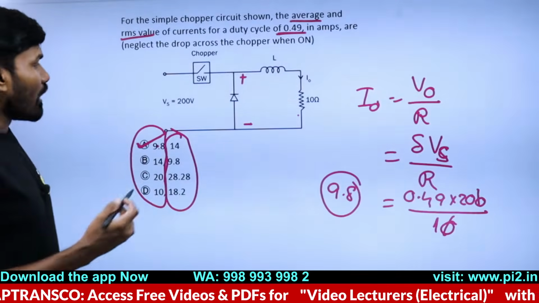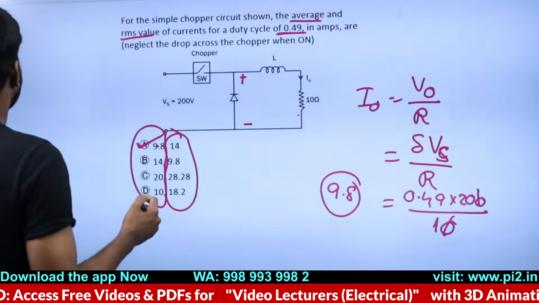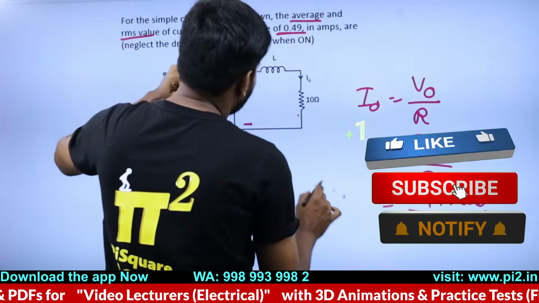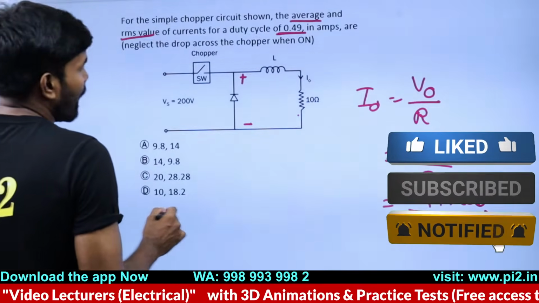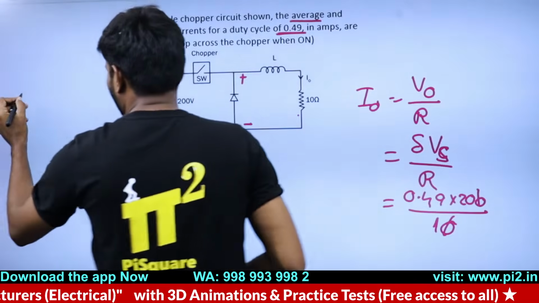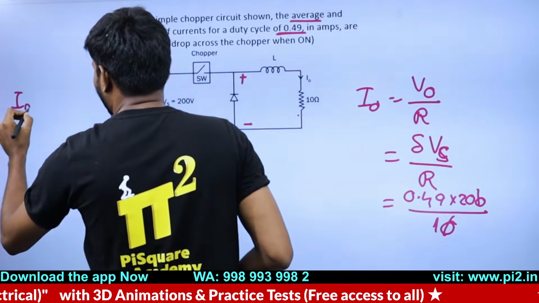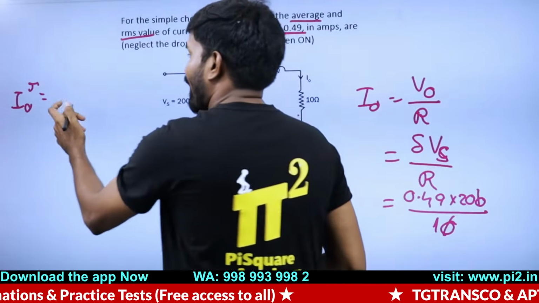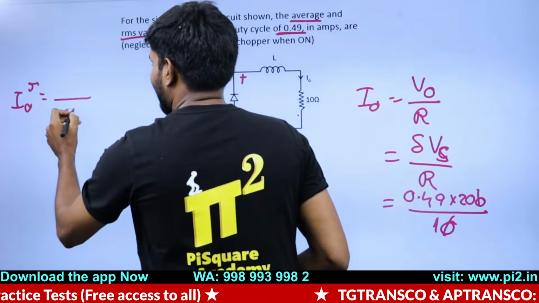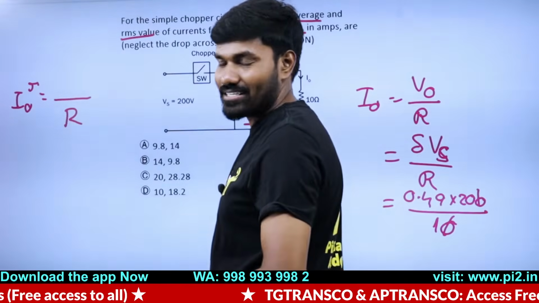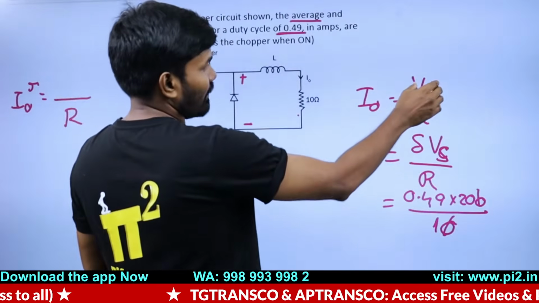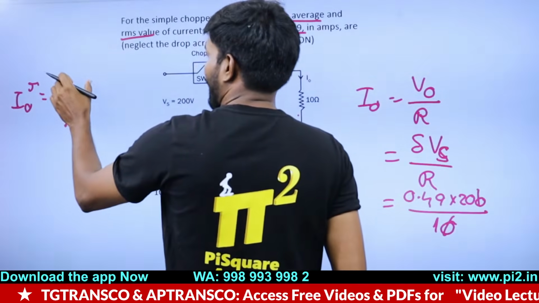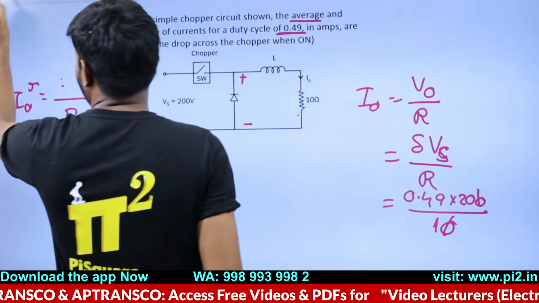Now, what about the RMS value? Suppose the question would have asked independently for the RMS value, then how do you do it? I0 RMS is equal to V0 RMS by resistance. If you use average voltage, you will get average current; if you use RMS voltage, you will get RMS current.